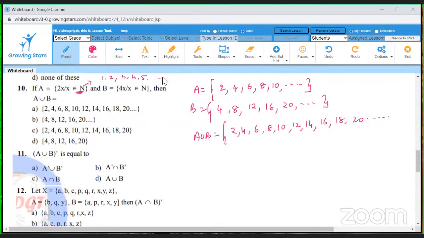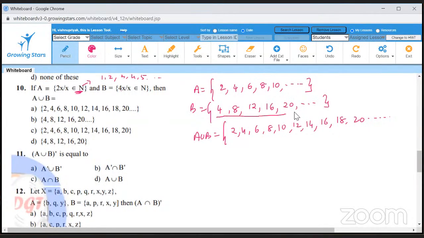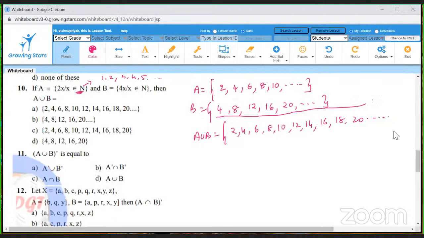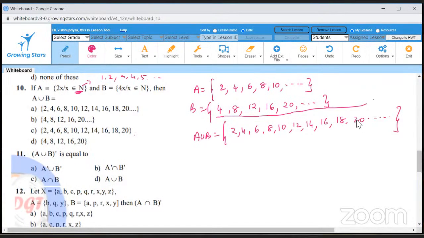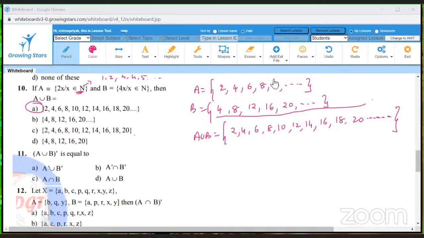But when you write B, already 4 is written, 8 is written, 12, 16. So B, you need not write, already you have written. This is A union B. I said C is wrong because it is ending, but here it is not ending. So A is the correct answer. A and C are looking same, but C is ending, A is not ending. That's the difference. Yeah, now you understand.